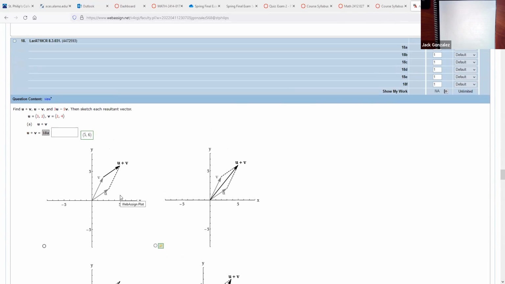Anyway, so those are the conceptual questions. Over here, we're actually going to add the values together, but you should know conceptually what it's going to look like. If I add these together and graph them, the diagonal in the middle that connects those tips will be the 5, 6.